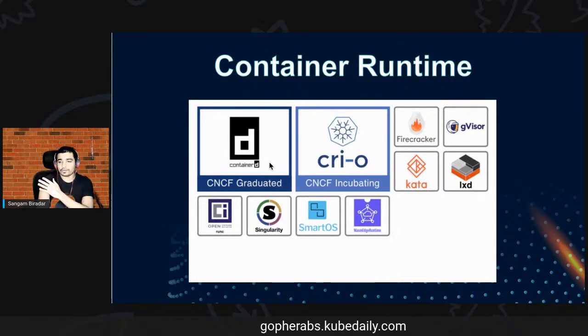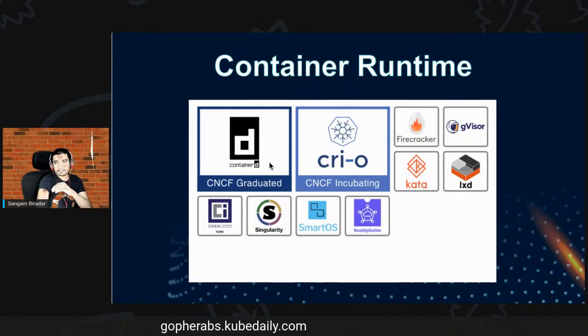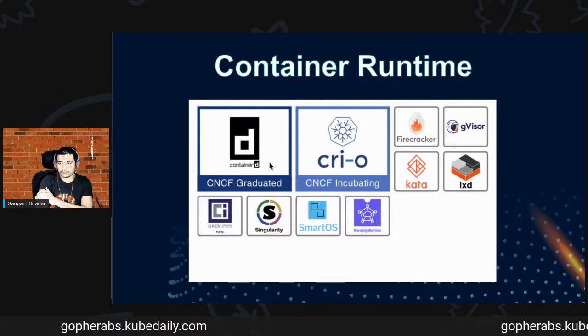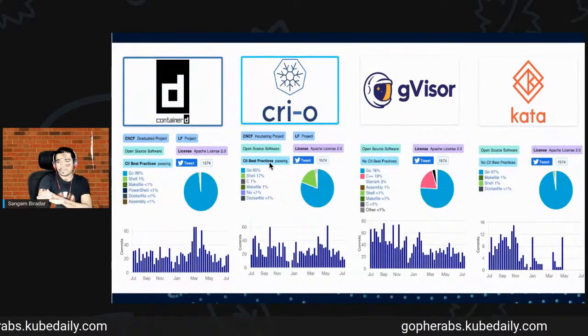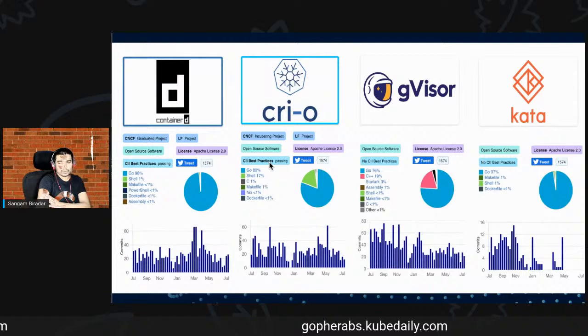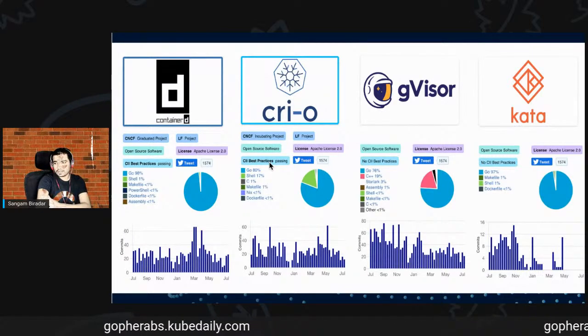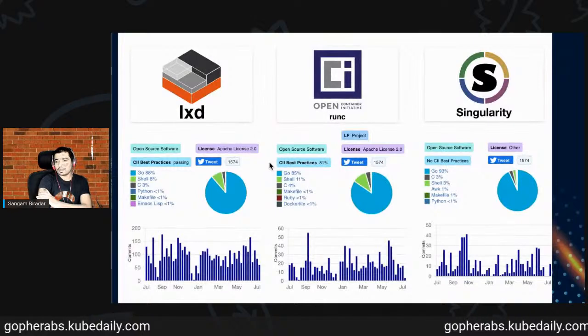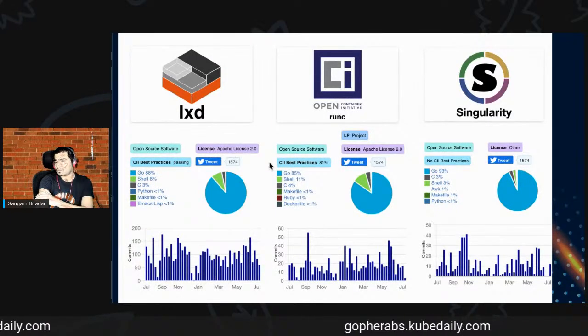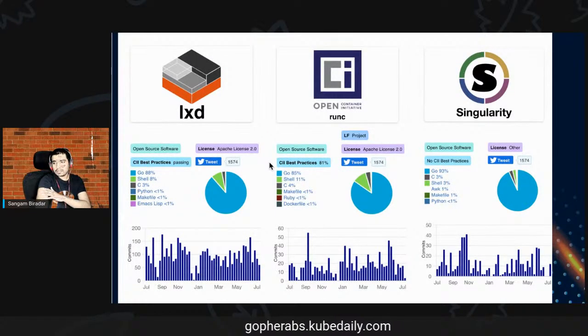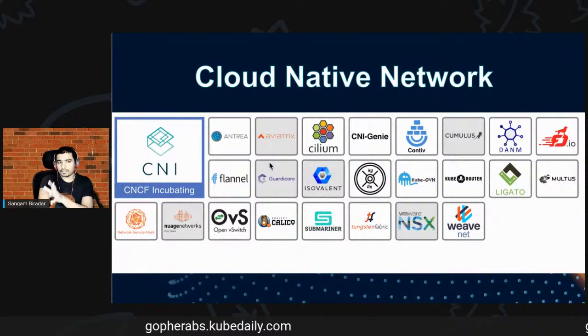And there are a bunch of other container runtime solutions. containerd is totally written in Go. CRI-O is written in Go, gVisor, Kata Containers, LXD, Open Container Initiative runC, Singularity, and these are all written in Go.